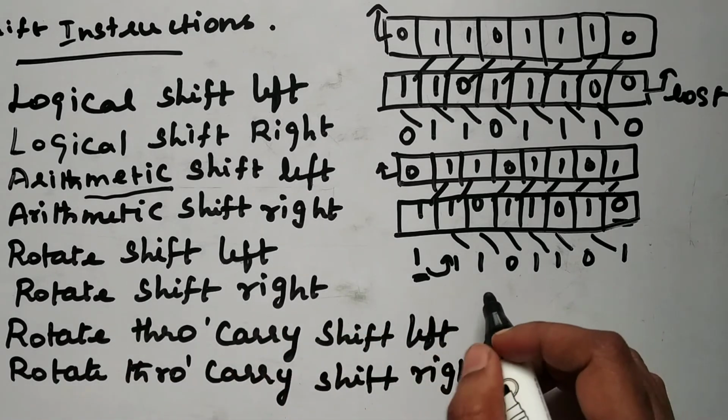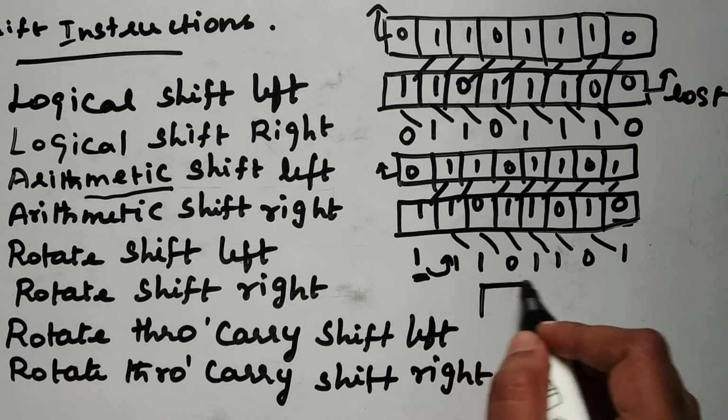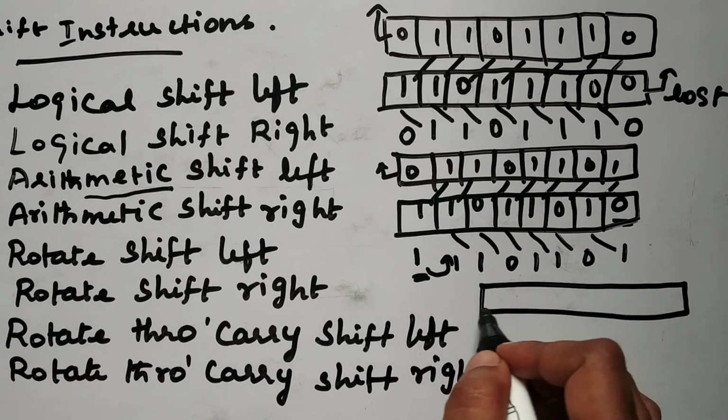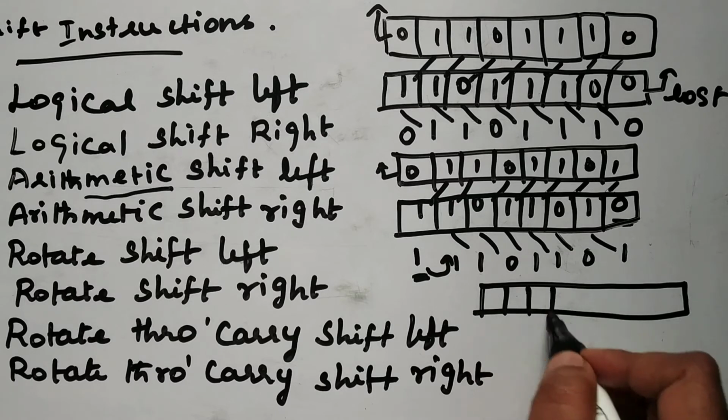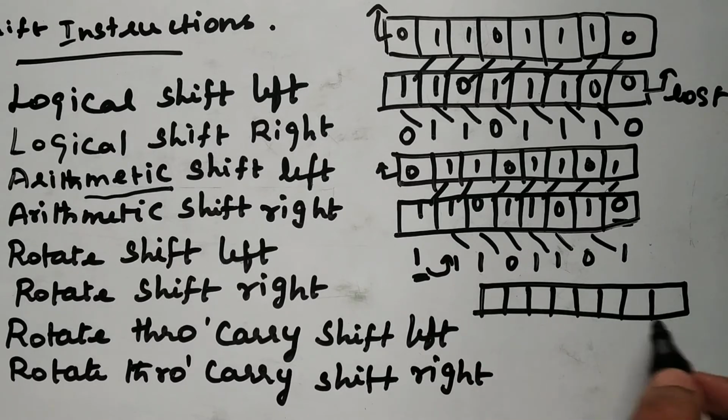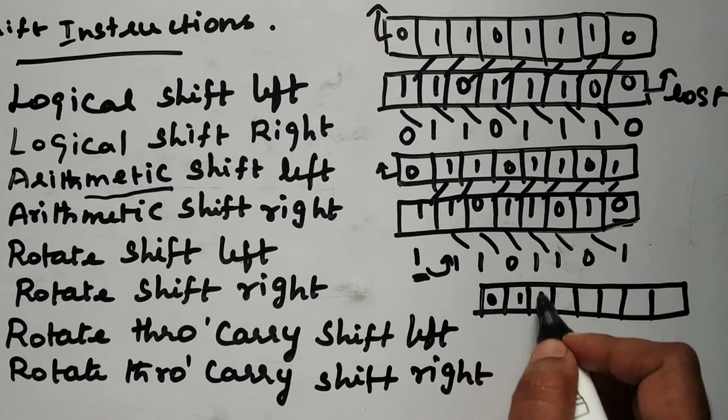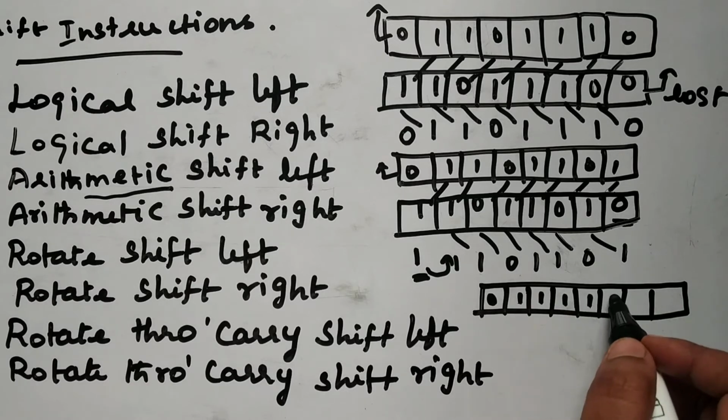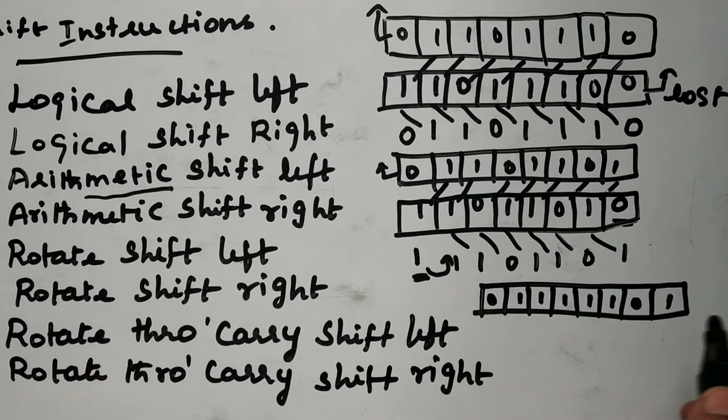Rotate shift left is nothing but, if you have an input, for example, 0, 1, 1, 1, 1, 1, 0, 1. So this is actually the input. Now if you are performing rotate shift left, since it is shift left, we need to move bits to the left side.